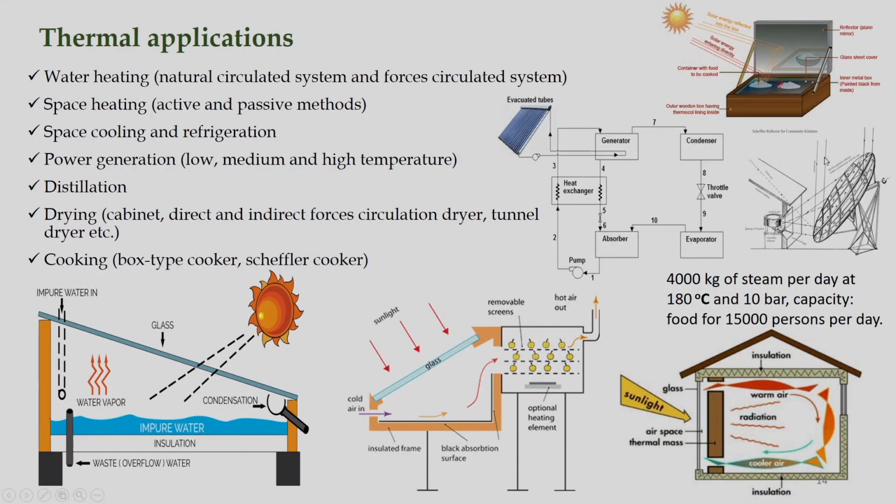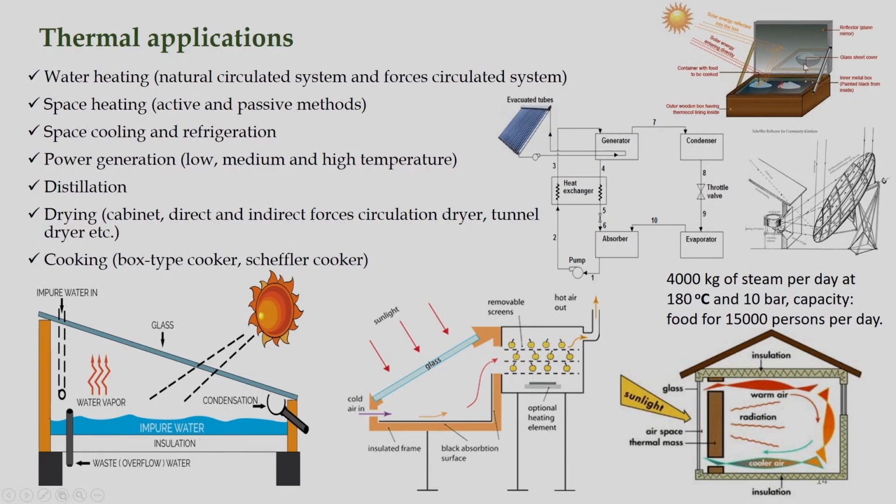As you can see here, this is a figure for a Scheffler solar cooker. 4000 kg of steam per day can be generated at 180 degrees C and at 10 bar, and its capacity is that food for about 15,000 persons can be prepared per day. So, it is a very reliable technology, and people have already demonstrated its workability.